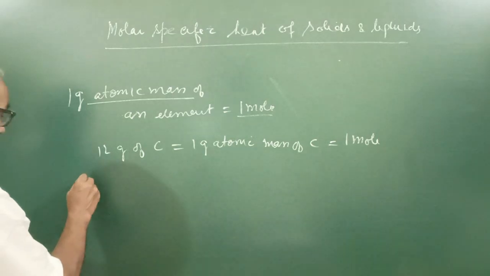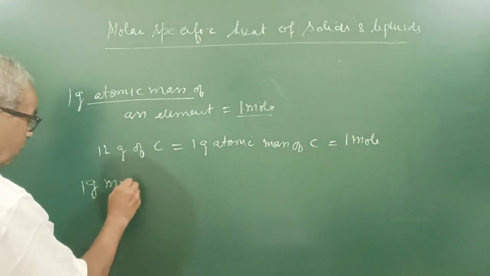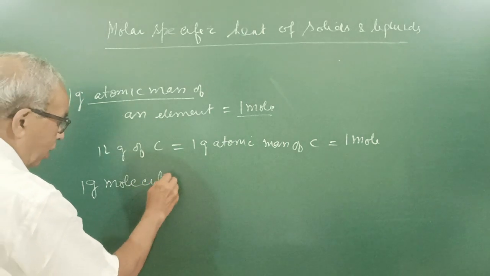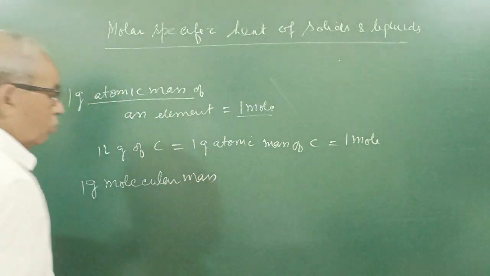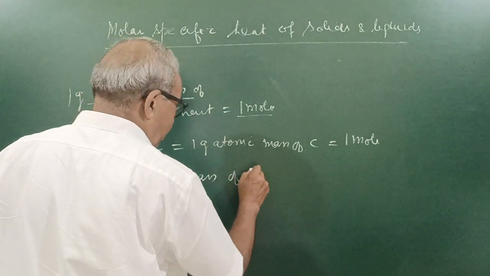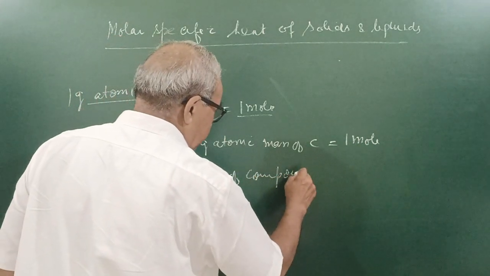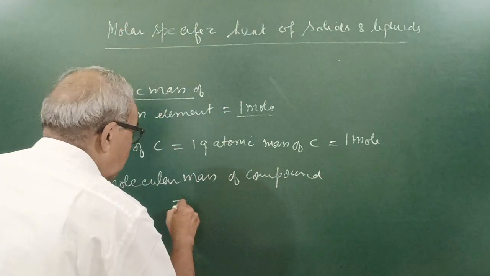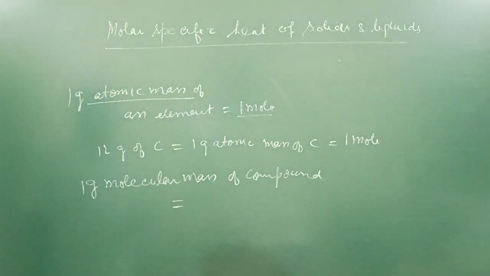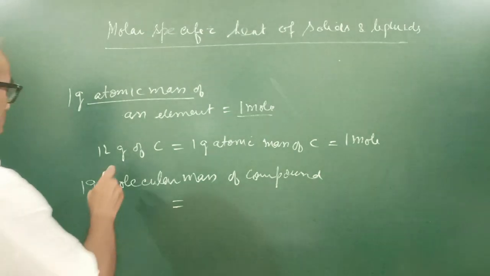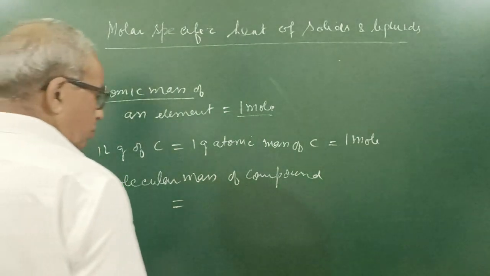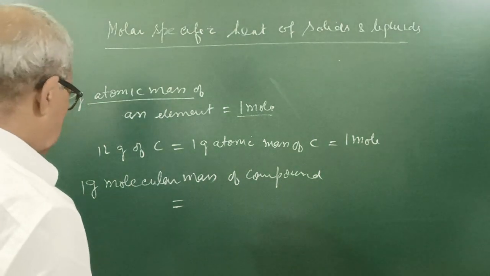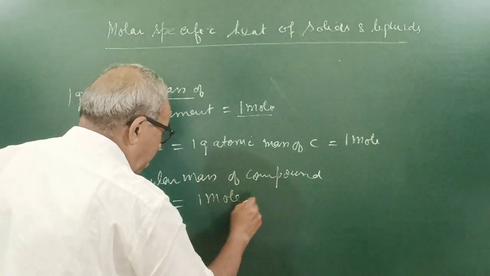For a compound, 1 gram molecular mass of the compound is equal to 1 mole of the compound.